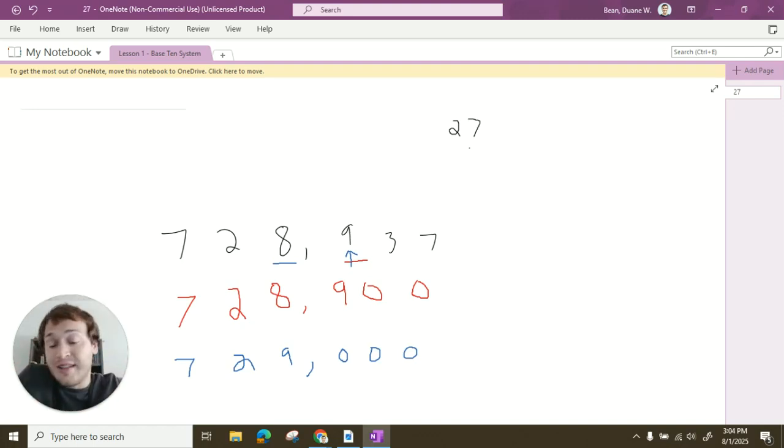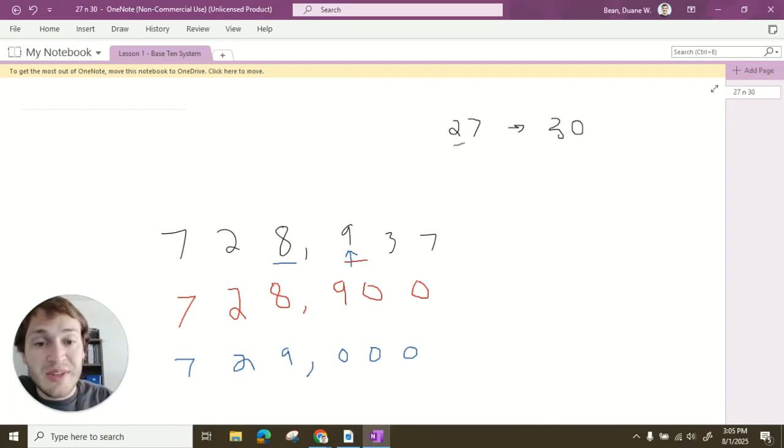Instead, an estimate is good enough, right? So I might say, well, 30, because I do have about 30. So what I did is I rounded to the tens place, right? The tens place is that 2. So I need to look at the number to the right. It's a 7. 7 is bigger than 5, so I'm going to round up, and that 2 is going to become a 3. And then everything to the right of the 3 is just a 0.